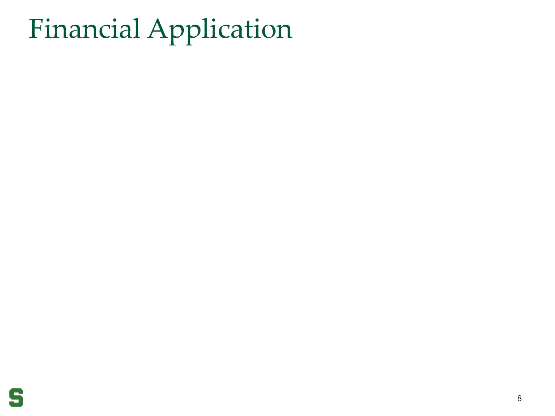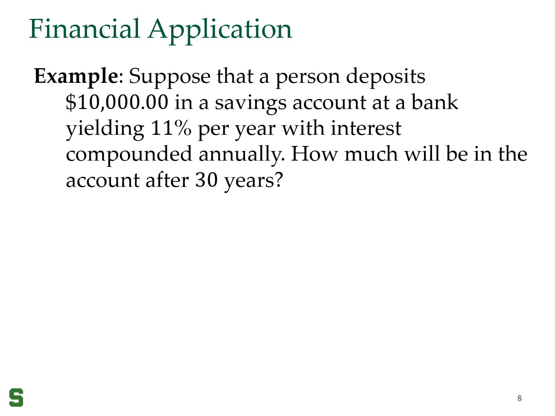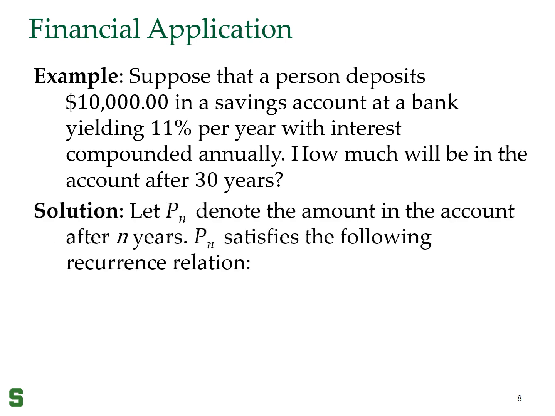Here is an application of the recurrence relation. Suppose a person deposits $10,000 in a bank, yielding 11% per year. How much interest would be accumulated over 30 years? Here we can write P_n as the amount of money after n years.